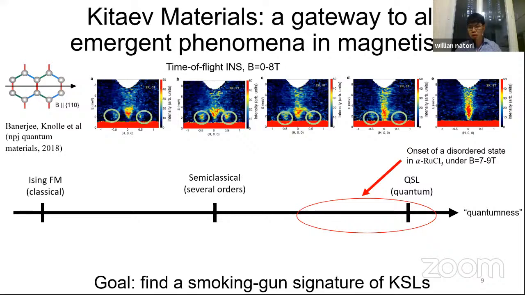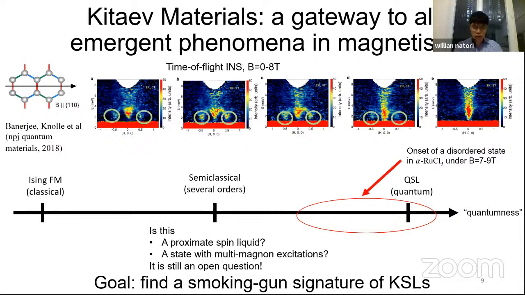So people are very interested in this onset of a disordered state due to magnetic field, but people still don't know if this is a quantum spin liquid or if it's a state with multi-magnon excitations that are incoherent.